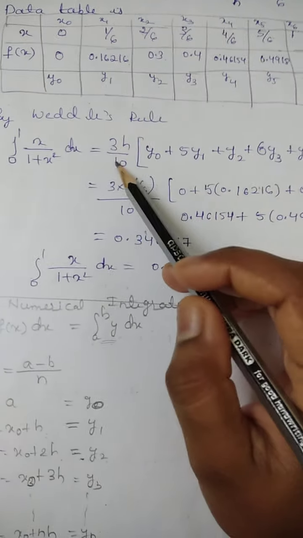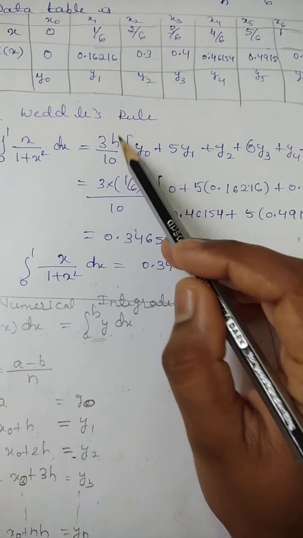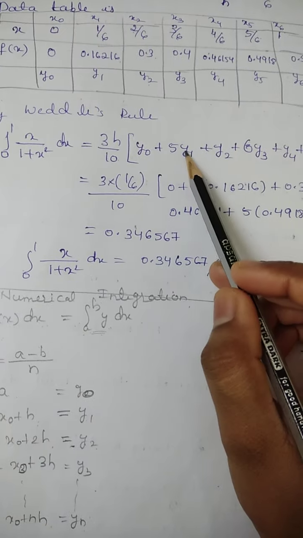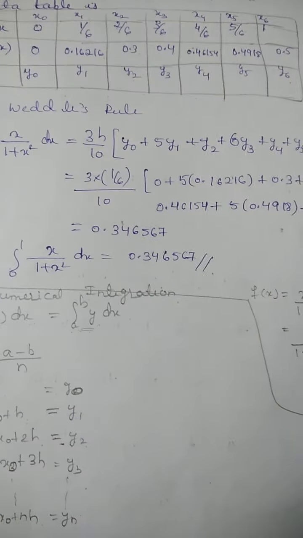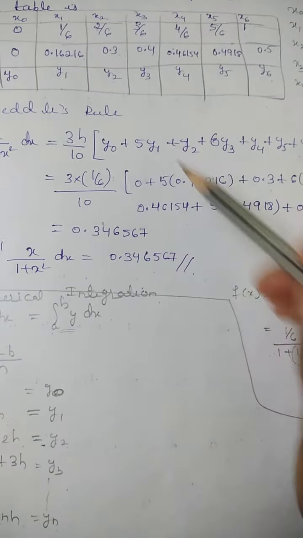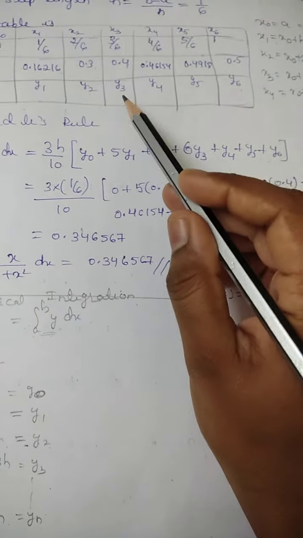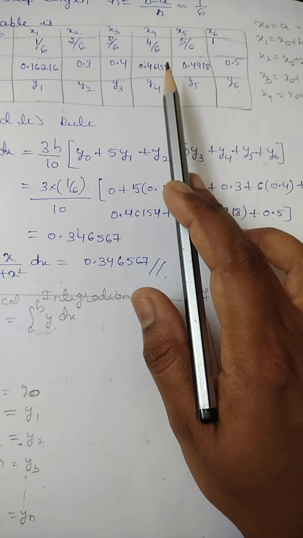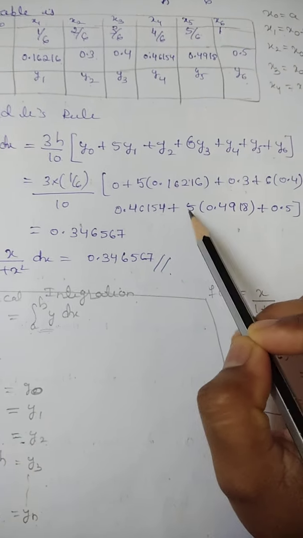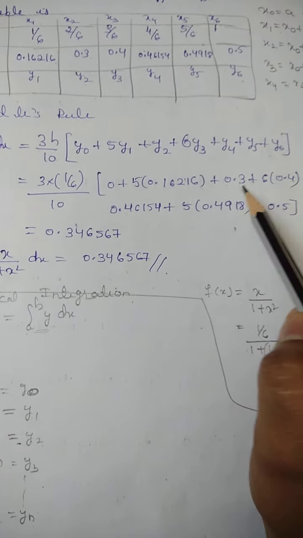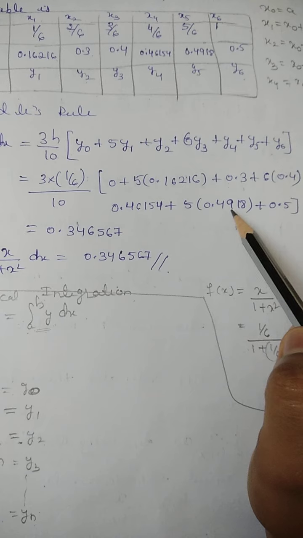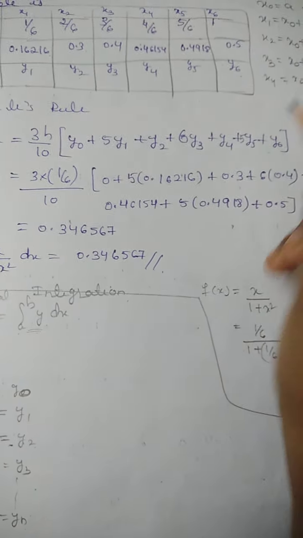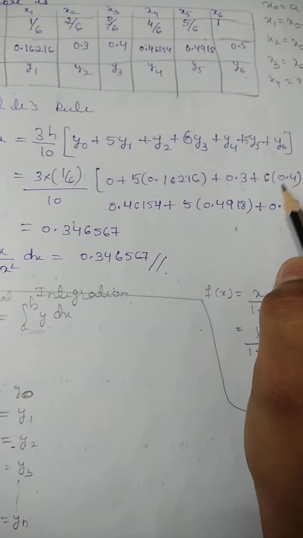After that, we put in the formula, that is 3h upon 10. h means 1 by 6 upon 10. y0 we got 0. Then 5 into y1, plus y2 which is 0.3, plus 6 into y3 whose value is 0.4, plus y4, plus 5 into y5, plus y6 which is 0.5.